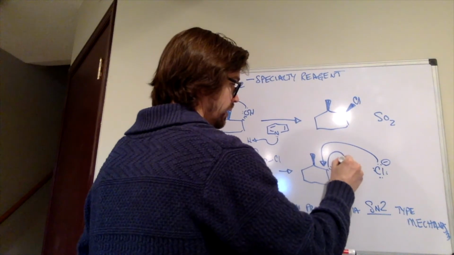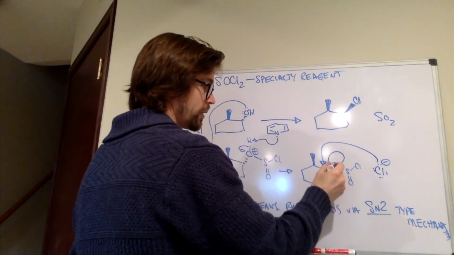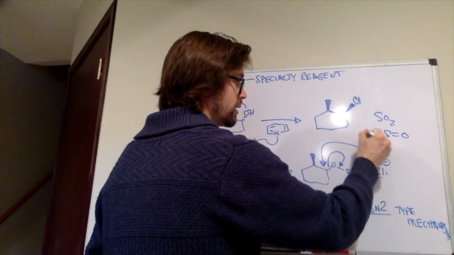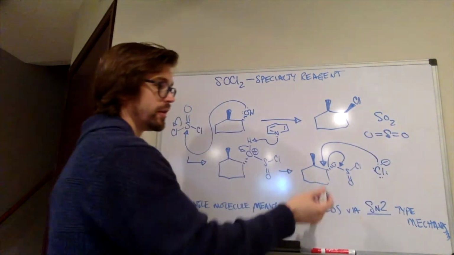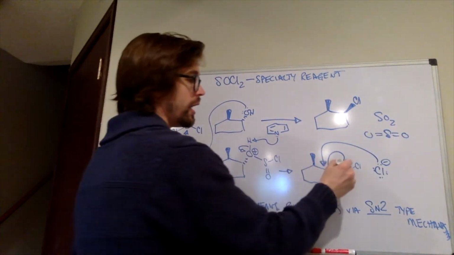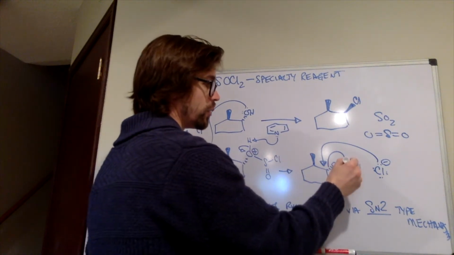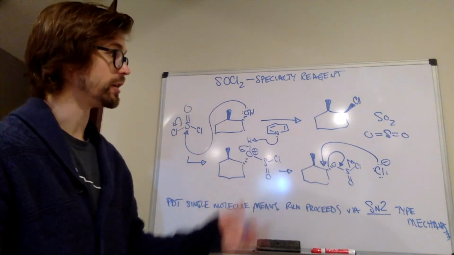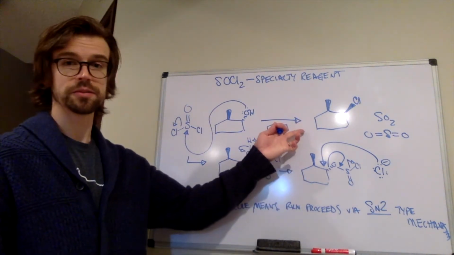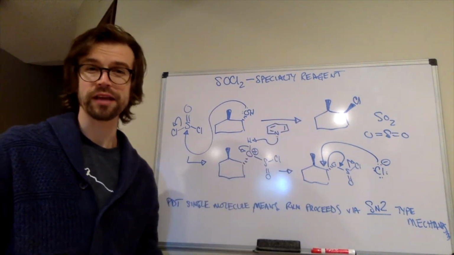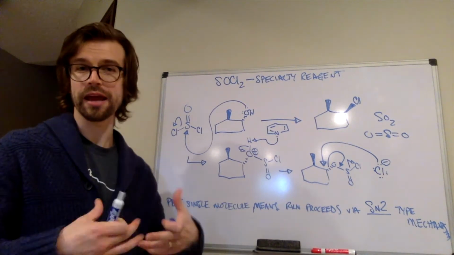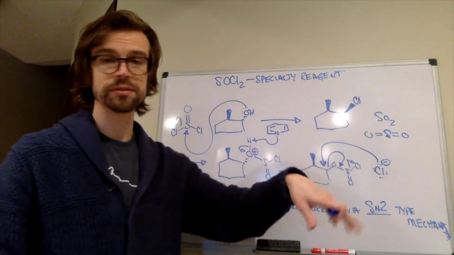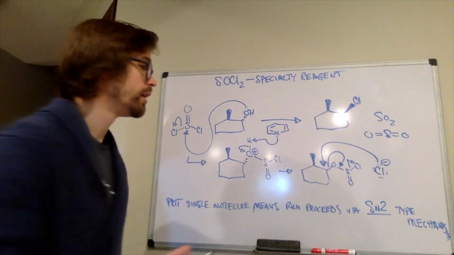This guy would go like that. It's going to form an S=O double bond. SO2 looks like this, so that's how it gets the other double bond, and then this Cl will leave as Cl-. So technically, we have our substitution product. That's what we really care about. Again, we really only care about the organic product. If this was a predictive product and you didn't write any of this other stuff besides that, that would be okay.